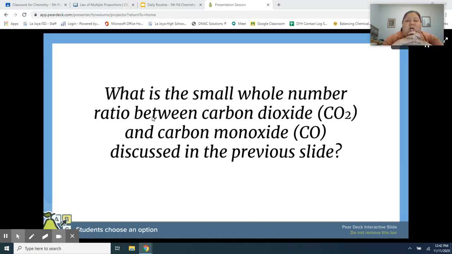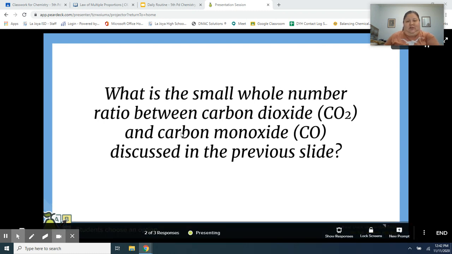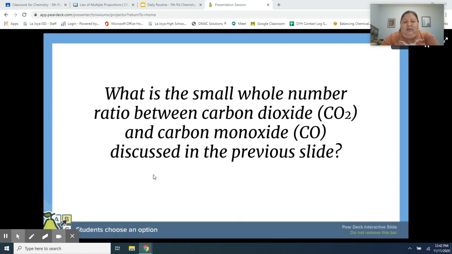What is the small whole number ratio between carbon dioxide, carbon monoxide discussed in the previous slide? A, B, C, or D? I could already see Irvin flipping through pages on his packet and be like, what was the number?